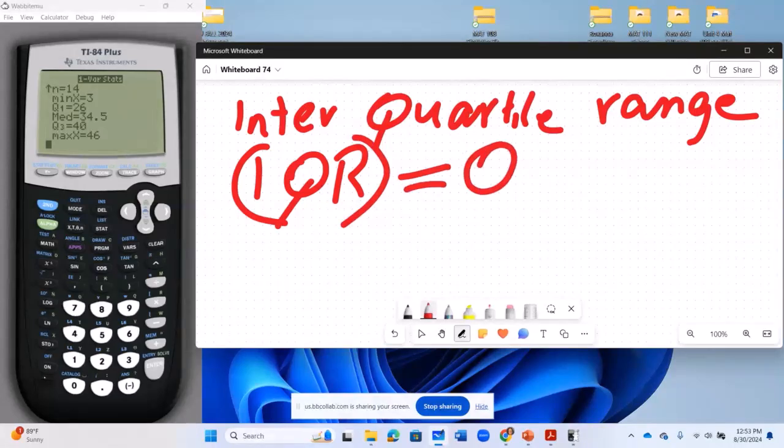It's equal to the third quartile minus the first quartile.